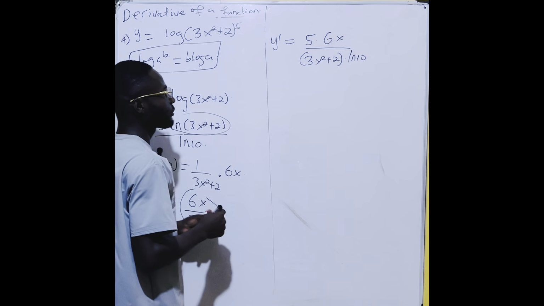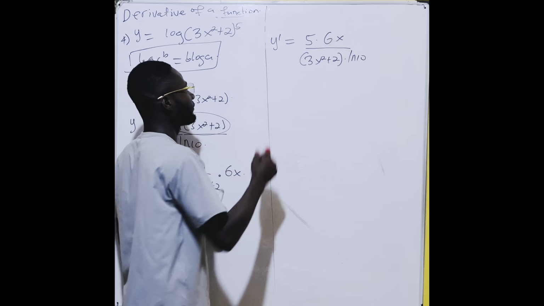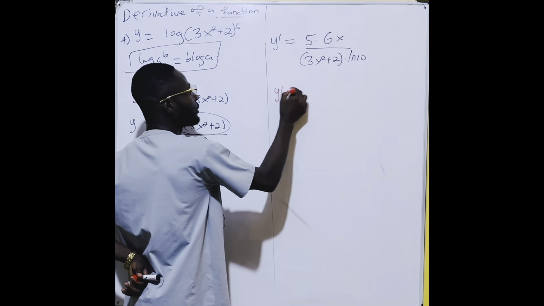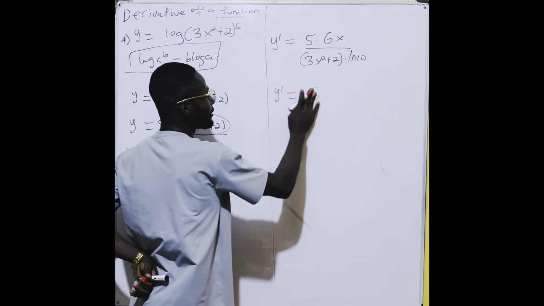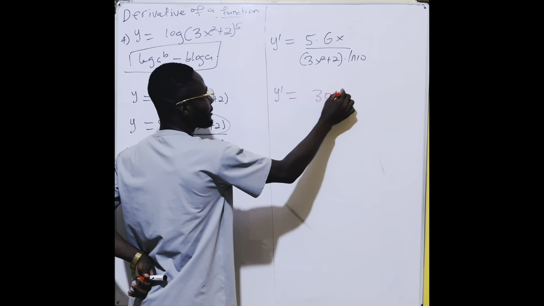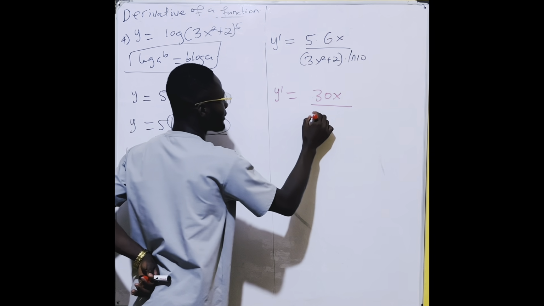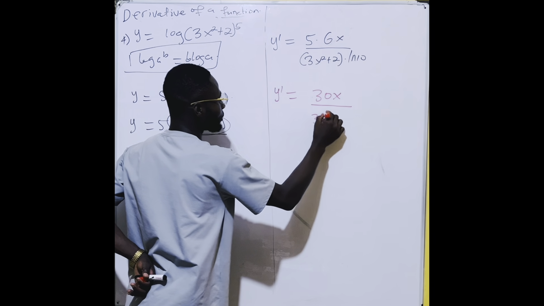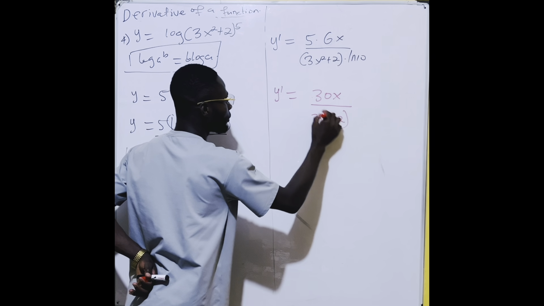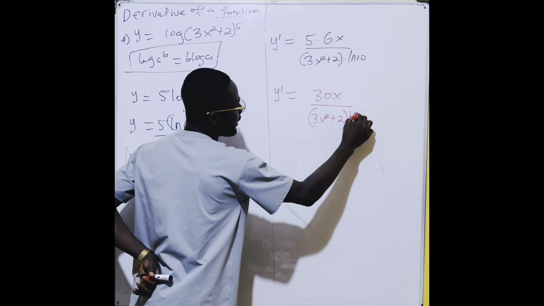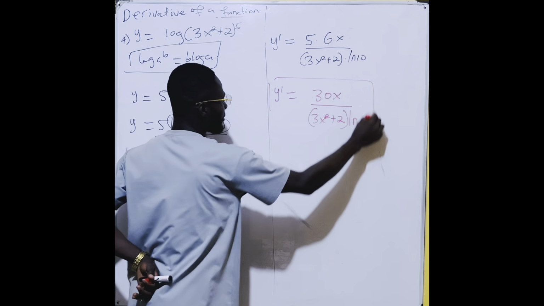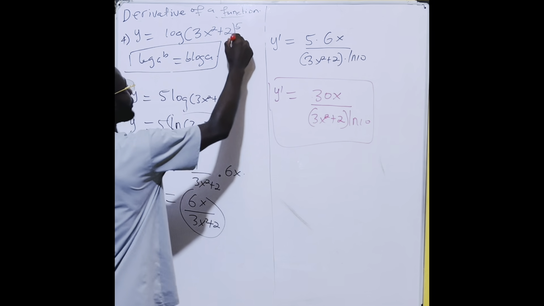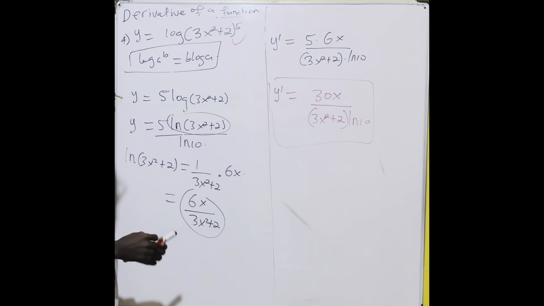So y prime is equal to this, and this will give us 30x divided by 3x squared plus 2 multiplied by ln 10. So this becomes our final answer to this particular problem.